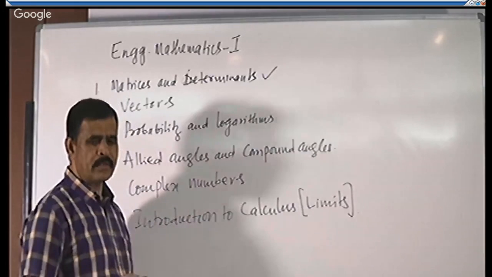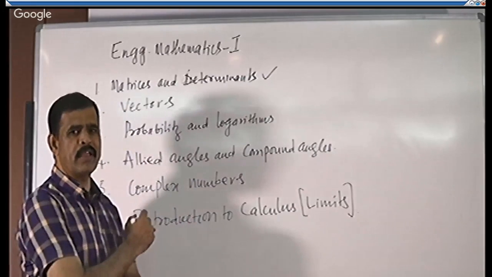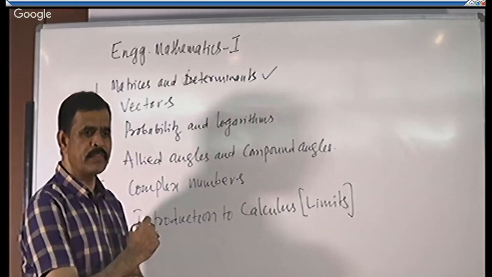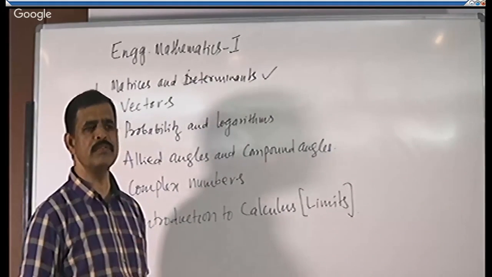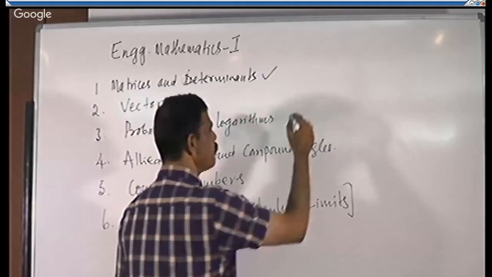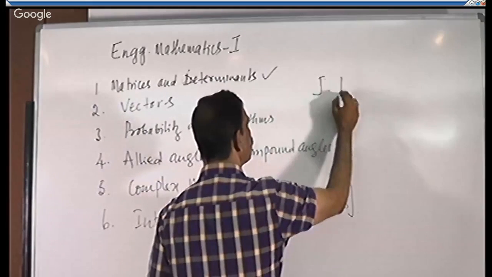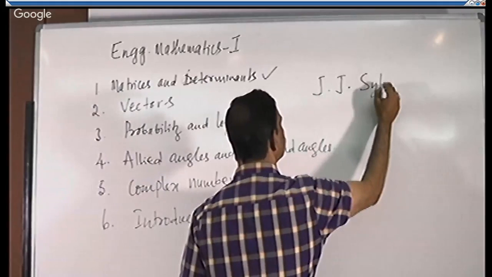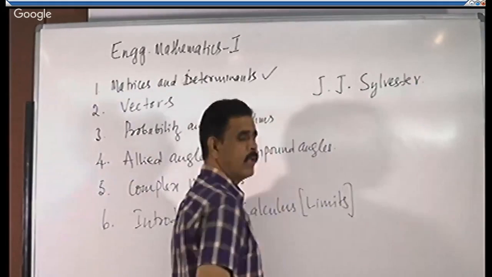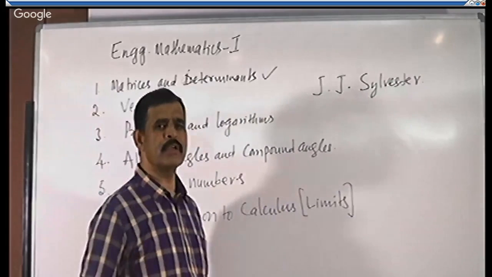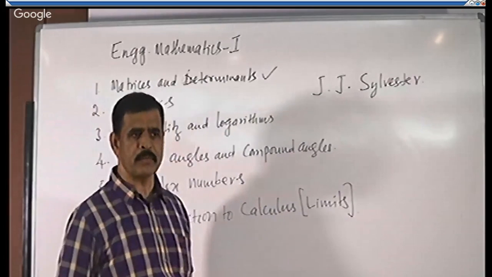This matrix is a Greek word. This matrix word was first used by a mathematician called J.J. Sylvester.